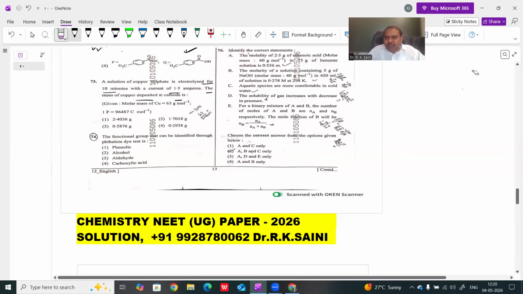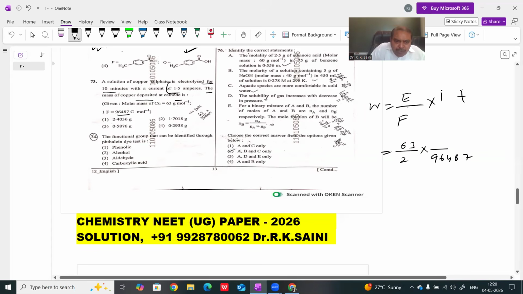According to Faraday's first law, W equals equivalent weight upon Faraday constant into I into T. The equivalent weight of copper is 63 upon 2, since the n-factor of copper in copper sulfate is 2. The Faraday constant is 96500, though in this question it is given as 96487. The current is 1.5 ampere and the time is taken in seconds, so 10 minutes is changed into seconds. Then calculate.